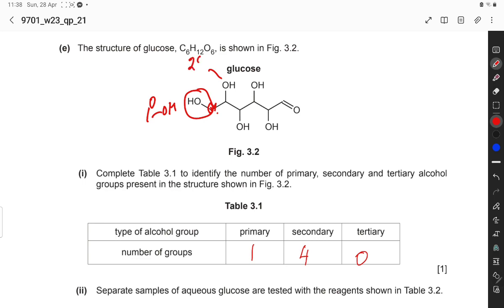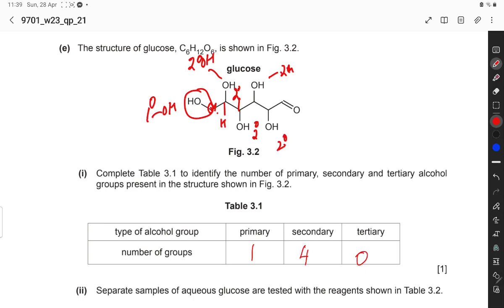So this is secondary alcohol because one hydrogen is there. This is again secondary alcohol. This is again secondary. This is again secondary.